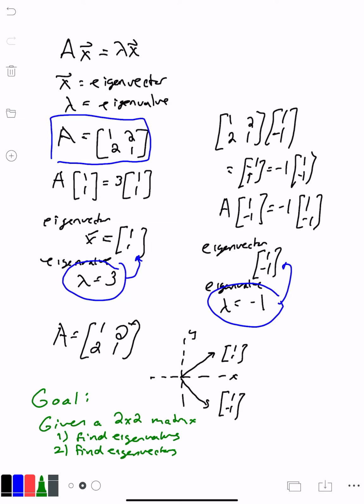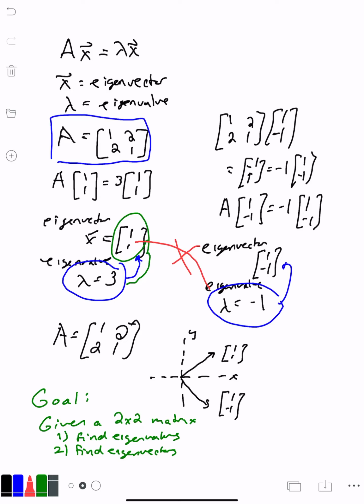That'll be in later videos. But I want you to really get down the idea that these matrices are going to have eigenvalues, and each eigenvalue is going to have its own eigenvector. If you tried to say that this would be the eigenvector for negative 1, that would be completely wrong. So each eigenvalue has its own eigenvectors that are different from each other. And that's an important point in this section.